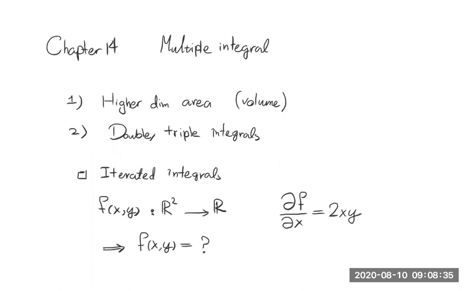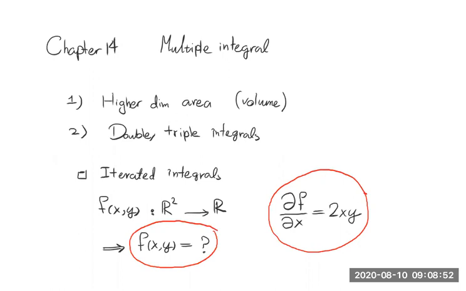Well, as you know, integral is kind of like the antiderivative, right? So if we have the derivative of a function with respect to x, and we want to find out what the function itself is, it makes sense to take its integral. But here, the important thing is that we have two variables.